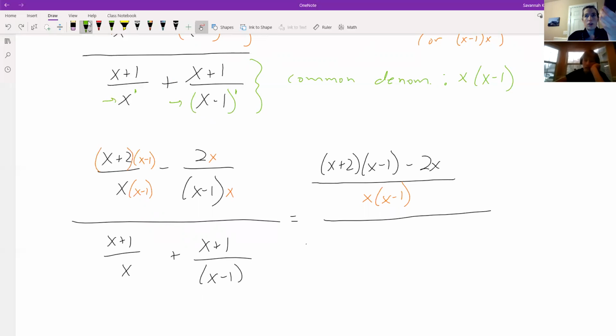Okay, so the first fraction has an x underneath, and it really needs x and x minus 1, just like the last one. The two fractions have, again, those identical LCDs, identical common denominators.